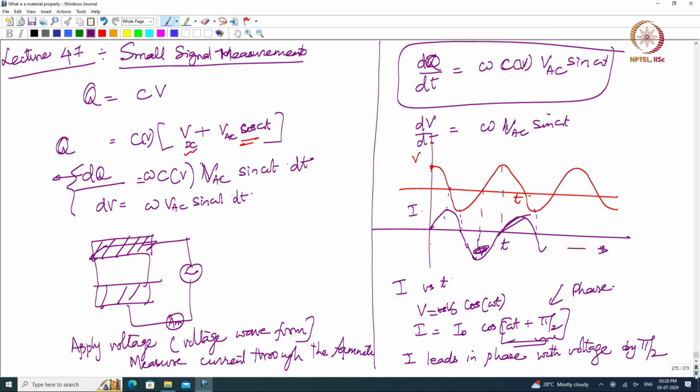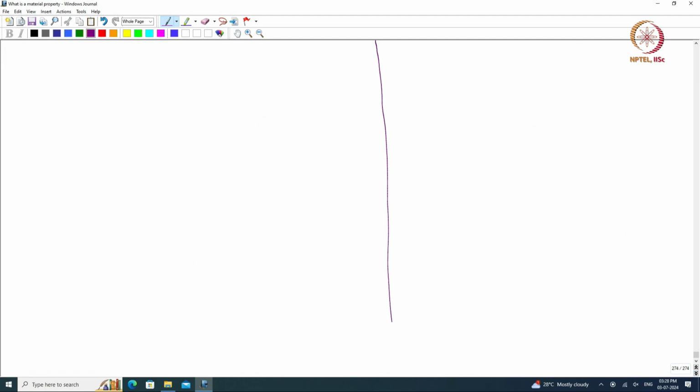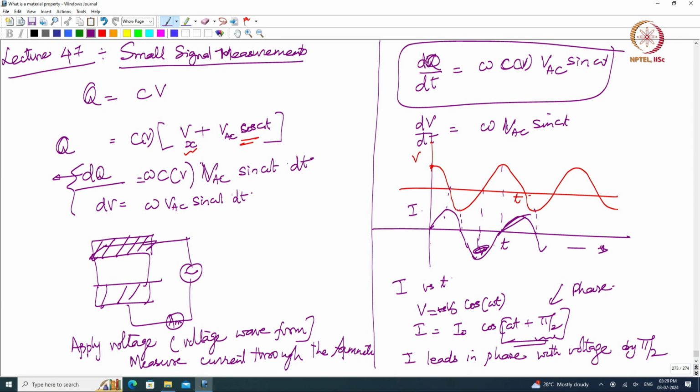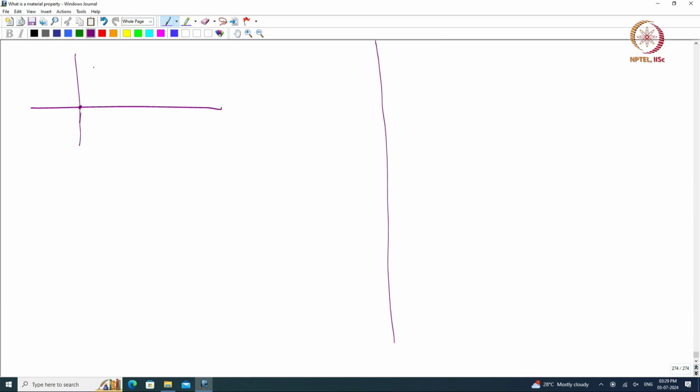Okay. Then if I actually plot, when voltage is 0, current is maximum, and when current is 0, voltage is maximum. So, if I draw V versus I, this sort of looks something like this.